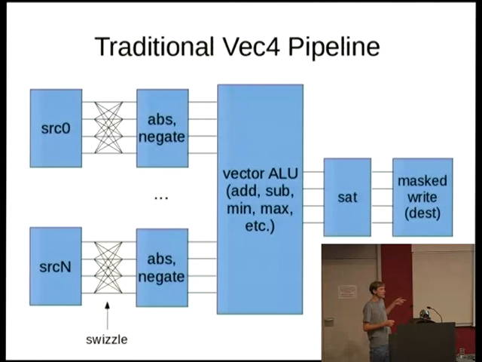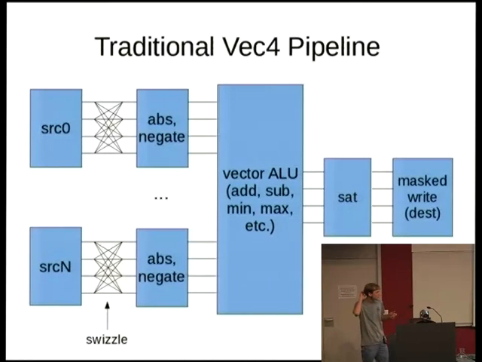You have a number of sources. You have a swizzle that can rearrange the sources in basically any order. Then you can optionally take the absolute value of some vector thing and then optionally negate the vector, or negate the floating point input. And because this was created when there was floating point, there wasn't really much thought given to integers at all. Then you run it through some ALU operation, you add them, multiply them, etc.